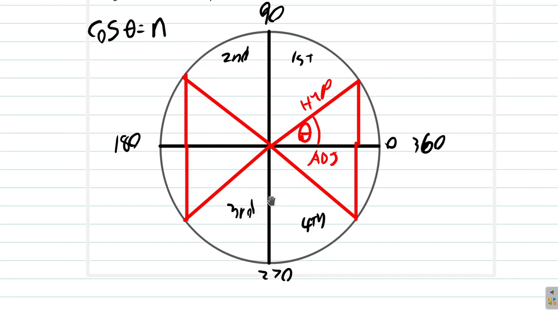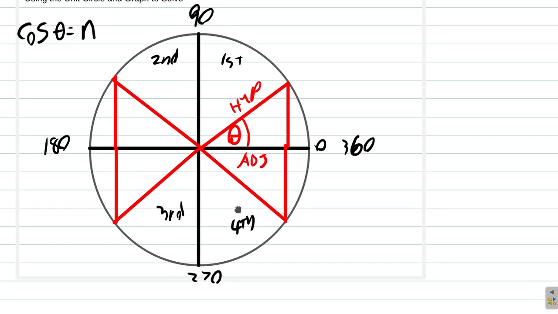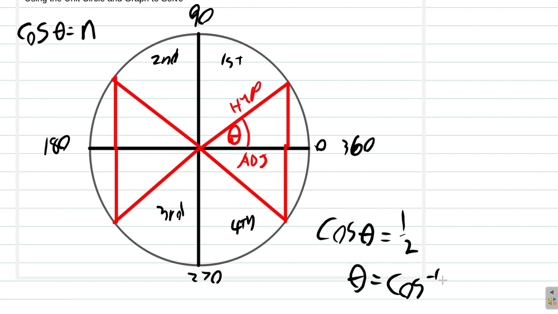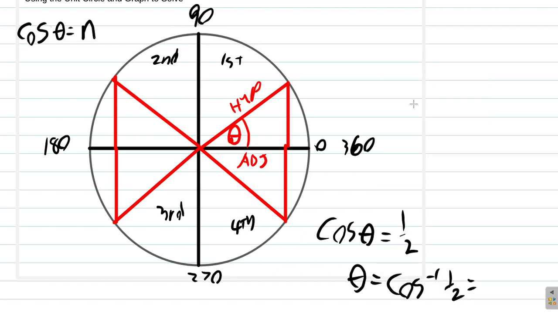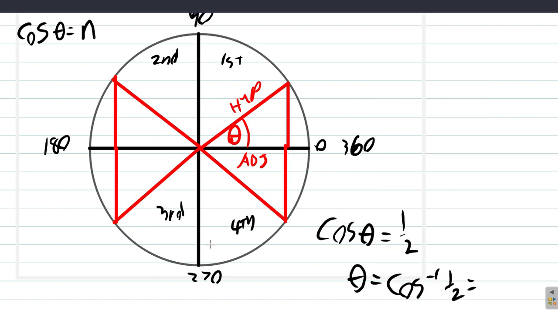Suppose we consider the cosine of theta is equal to a half. So we have cos theta equals a half. Theta equals cosine inverse of a half. What is the cosine inverse of a half? Let us see.